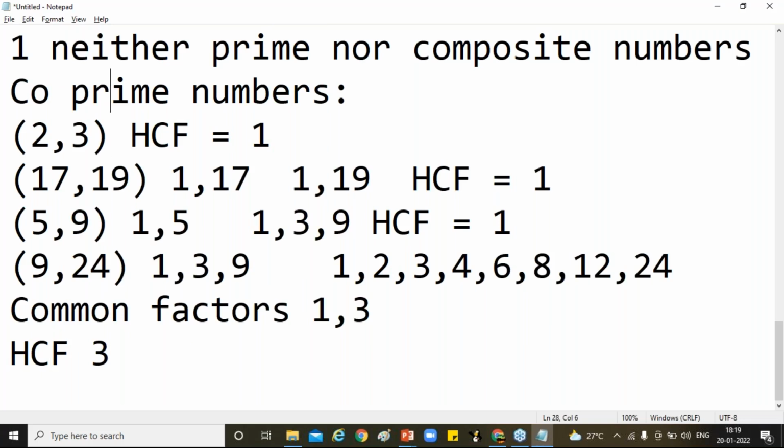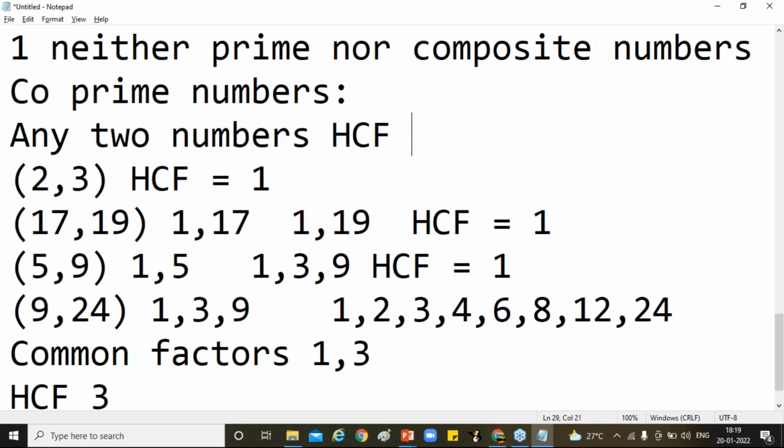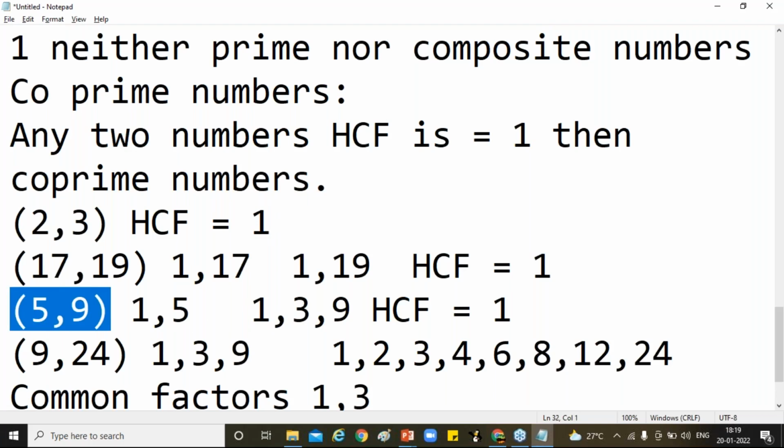Remember, co-prime numbers are nothing but any two numbers having the highest common factor equal to 1, then we say those are co-prime numbers. Understood? For example, 5, 9, the highest common factor is 1.